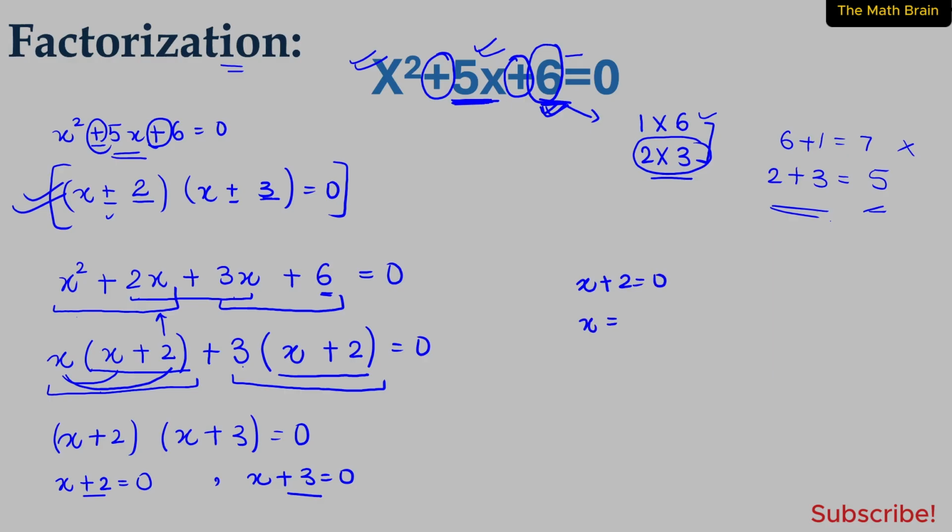The value of x will be, by taking this plus 2 to the other side, minus 2. x plus 3 is equal to 0, so the value of x will be minus 3. So these are the values for x.